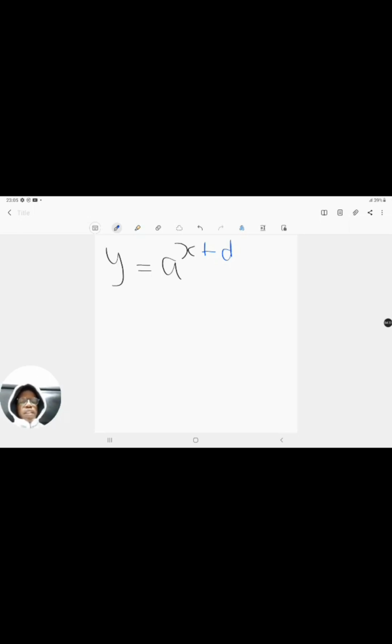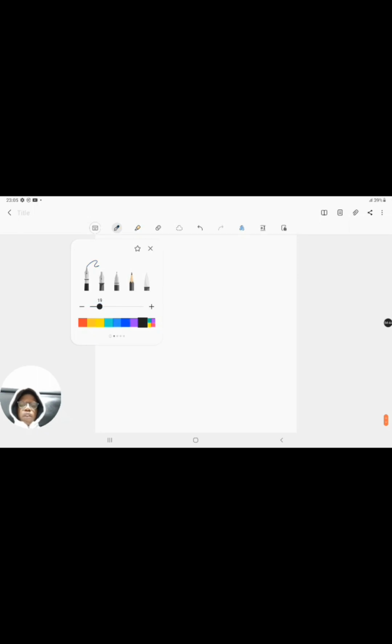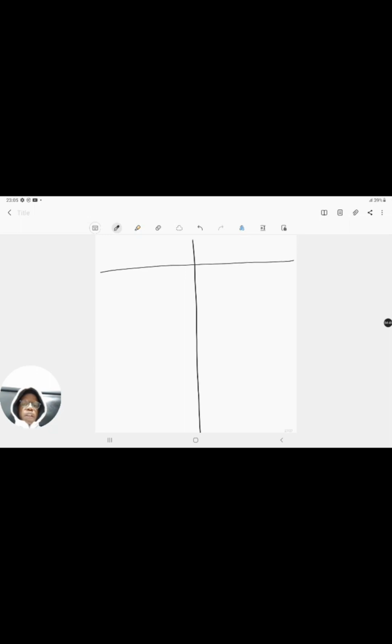So what is the effect of that on the graph? Well, we're going to do the same thing that we did for the previous two variations, and we're going to use an example to get our information. So let's draw up two columns. In the first column, I'm going to have y is equal to a to the power of x.